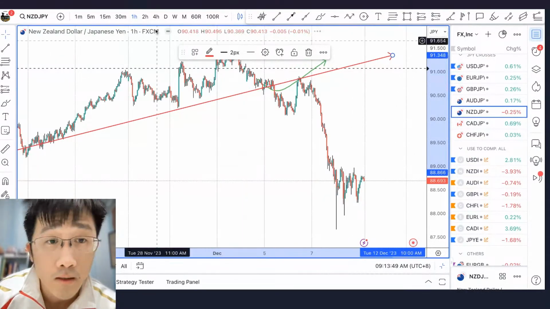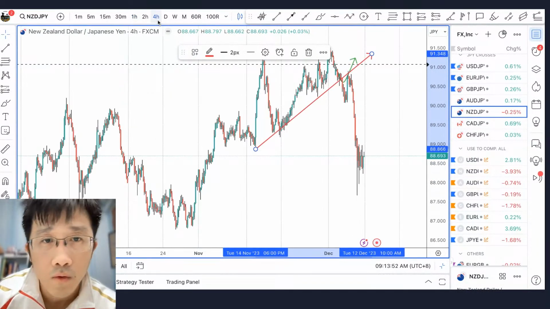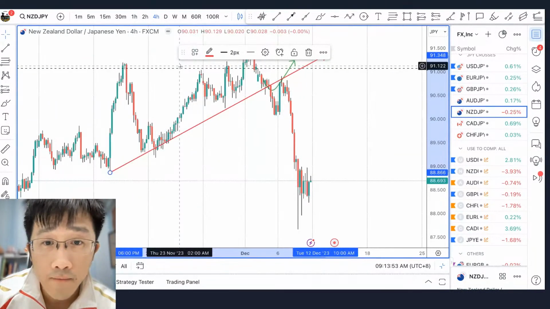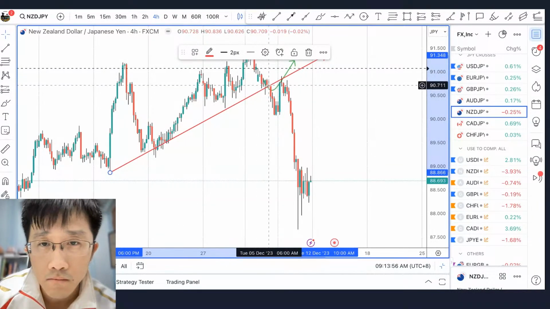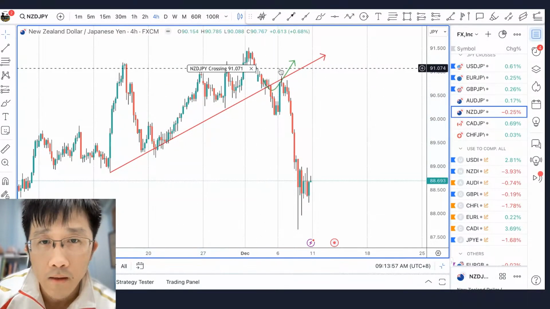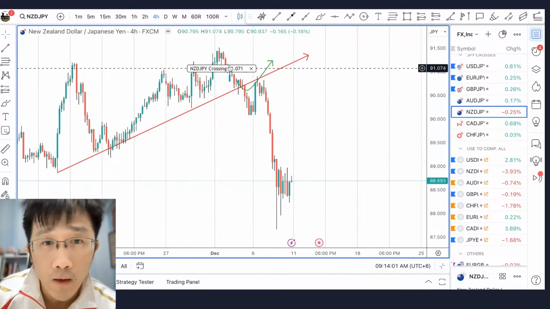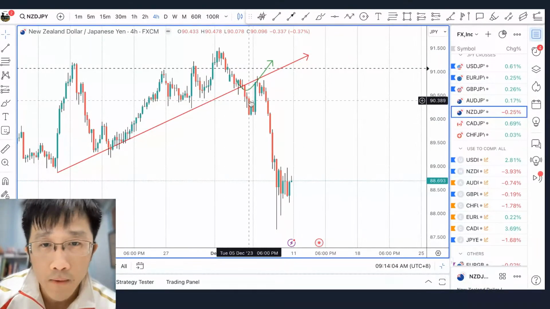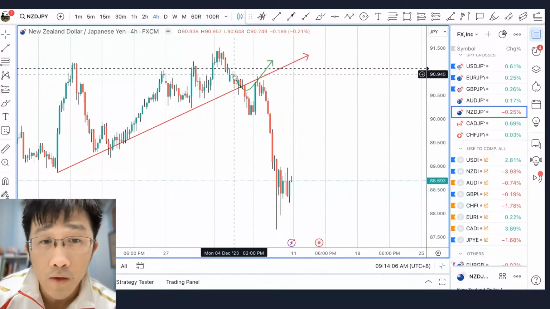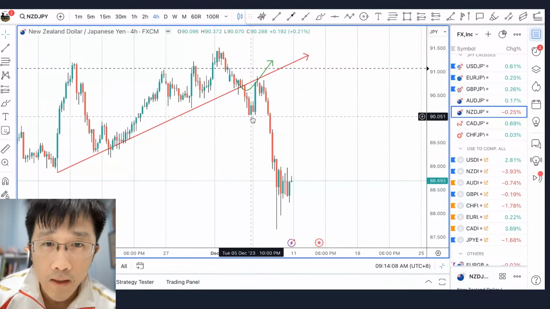So for me, there is no strong sign to go long, because it is not breaking a new high, even on the 1 hourly. Inevitably, with the strengthening of the yen, it broke the trend line.